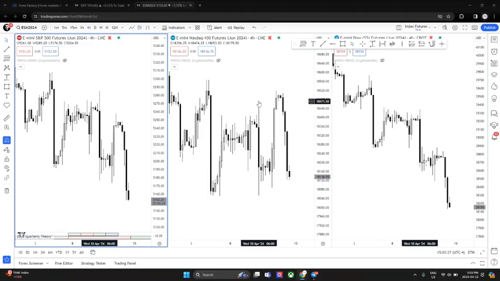Also, remember what I said about the high and the low of CPI, the specific day, Wednesday, when we had CPI. The high and the low are important. Here at this low we had sequential SMT. Price traded up. Then what happened? We had the Nasdaq take out the high.